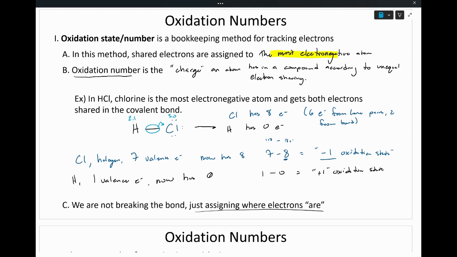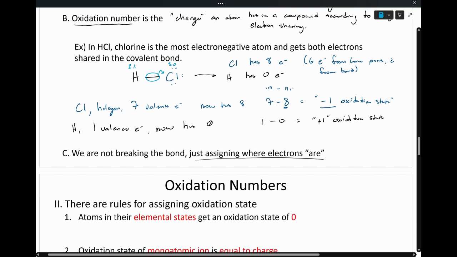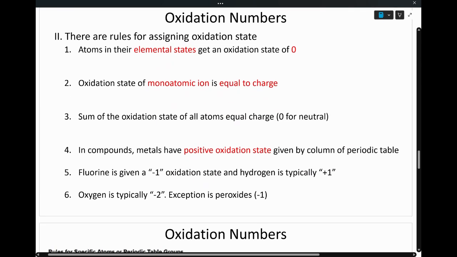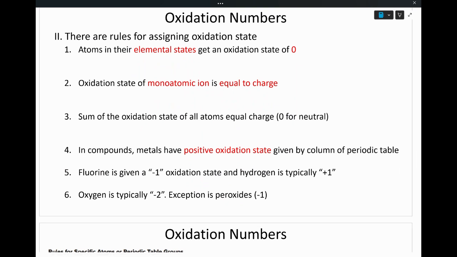And so we have a couple rules that we use in order to assign oxidation states. So once again, we don't have to look at each polar bond, look at which way the dipole goes, and then compare electronegativities. And so those rules are as such, and they're hierarchical, where we follow early rules before later rules. But we'll say that atoms in their elemental state get an oxidation state of 0.